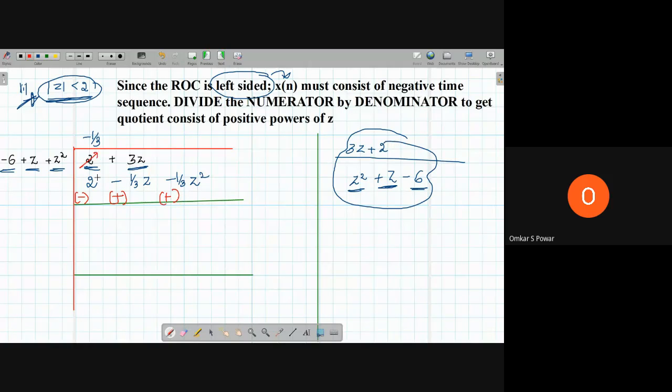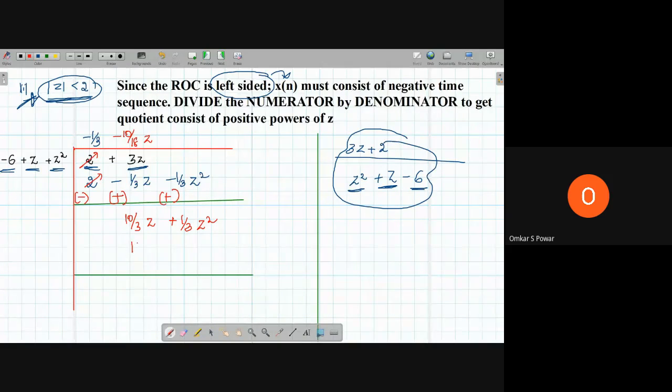So this cancels. 3 plus 1 by 3 is 10 by 3 into z, and this is plus 1 by 3 into z square. In order to get 10 by 3 into z, you have to multiply by minus 10 by 18 into z. Minus into minus is plus.